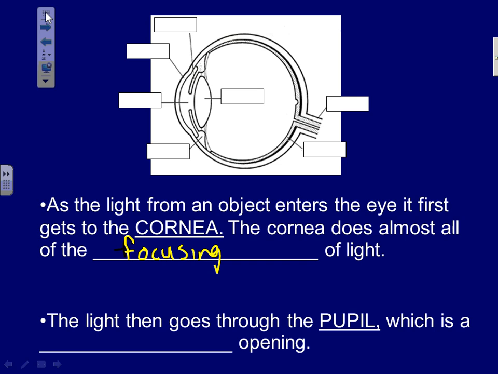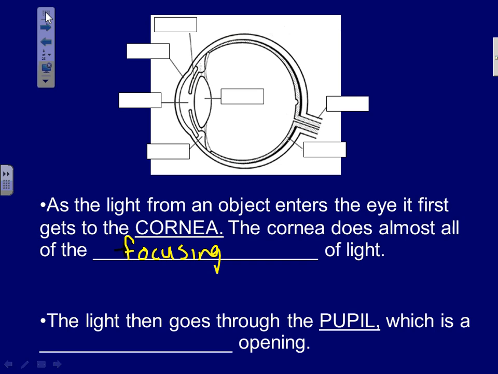Now, the cornea's ability to focus is static. It can't change. You can't change the shape of the front of your eyeball. Well, you can with laser eye surgery, and that's what they do in laser eye surgery. They literally change the cornea. But under normal circumstances, you can't just flex some kind of muscle and change that.